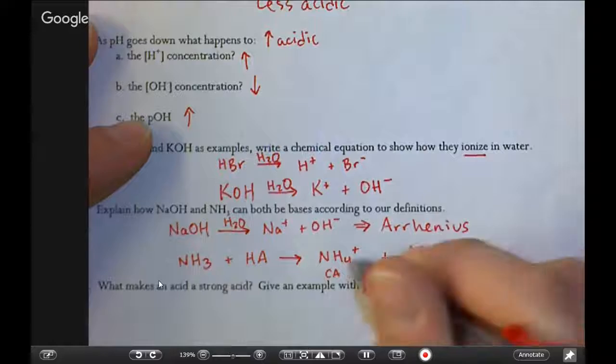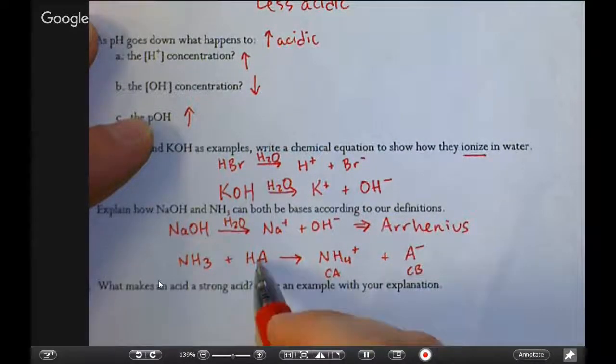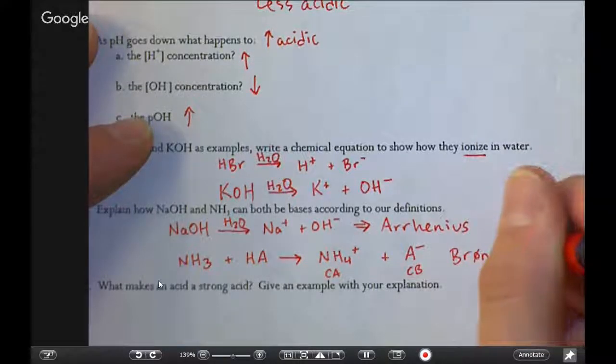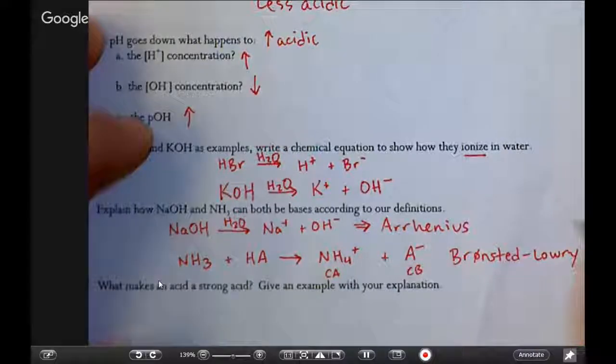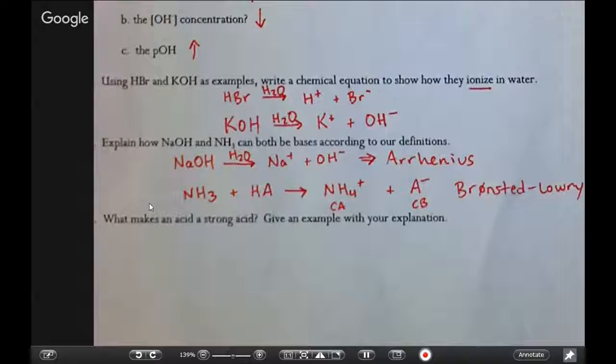So the fact that we can do conjugate acid-base pairs, and we show that the base accepts a proton, means that we're looking at the Bronsted-Lowry definition. You do need to know those terms and definitions. In 13, we're actually going to talk about that tomorrow. So we'll skip 13 for now.